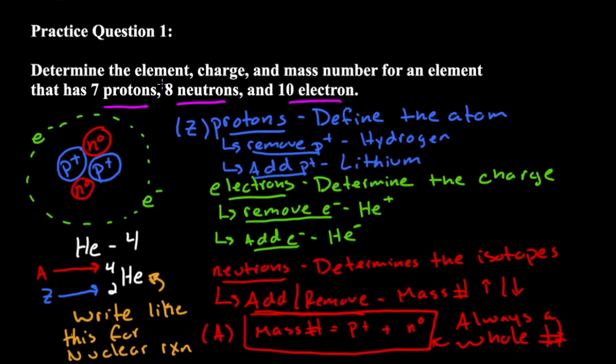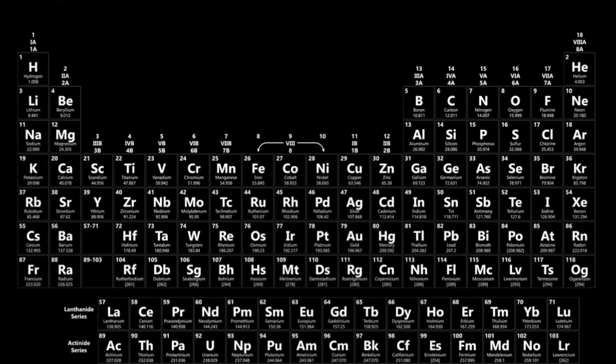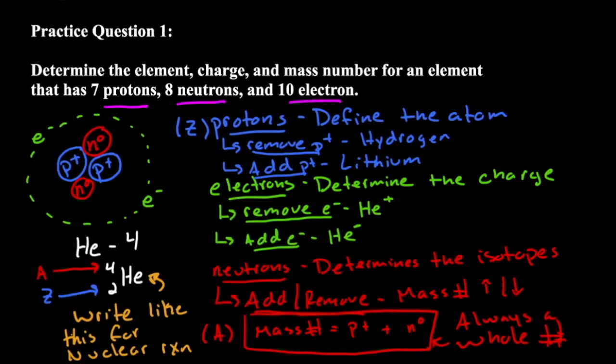Well, if we're trying to figure out what that element is, we need to look at the number of protons, because that determines what the element is. So we'll go to the periodic table that we have right here. It's 7. So that must mean that this is going to be the element nitrogen. So let's put that down, that this is going to be nitrogen. So it's going to be an N. So that takes care of that one.